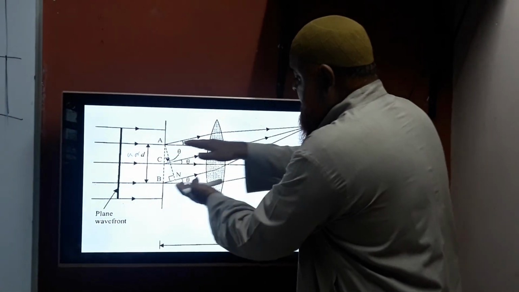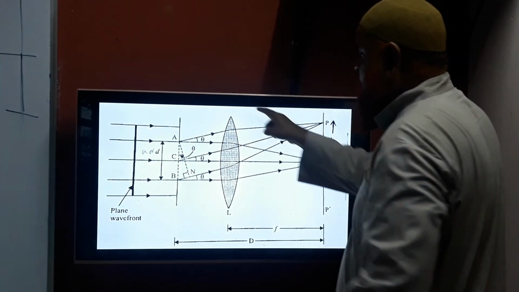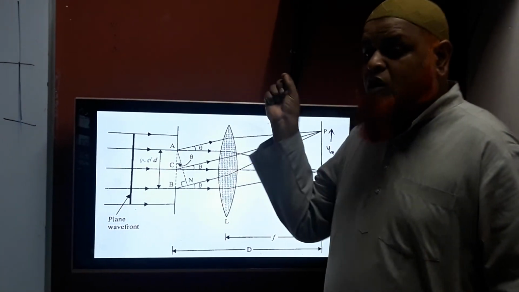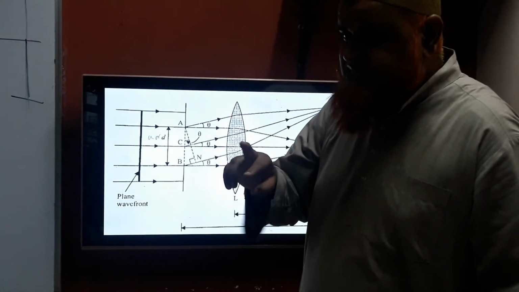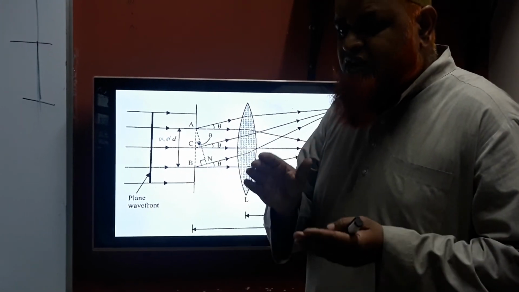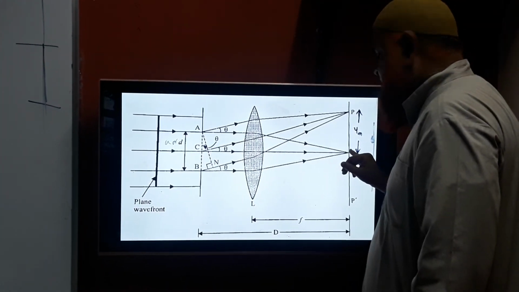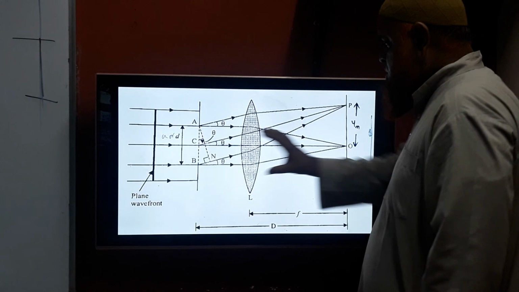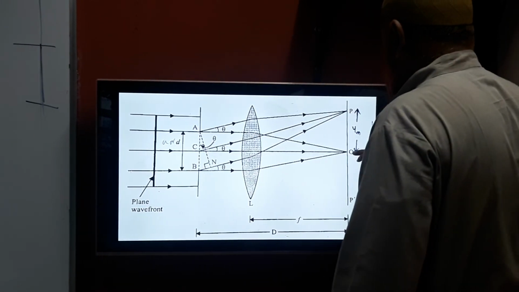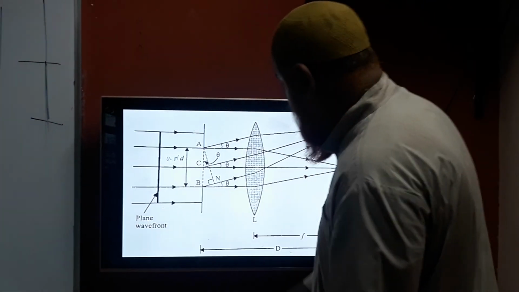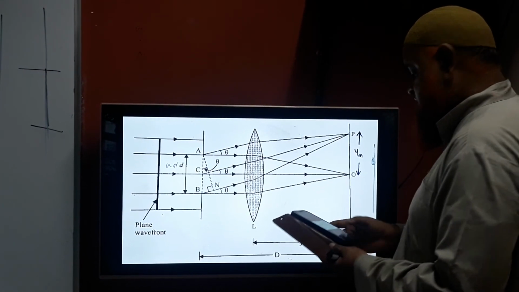So when this light ray falls on the lens, which is a convex lens, also called a converging lens, it can converge the parallel beam of light rays at certain points. The direct light ray falls at this place, giving rise to a bright band at the middle.